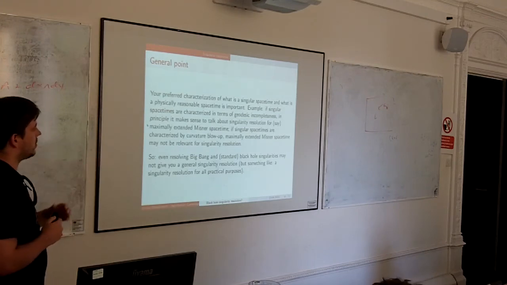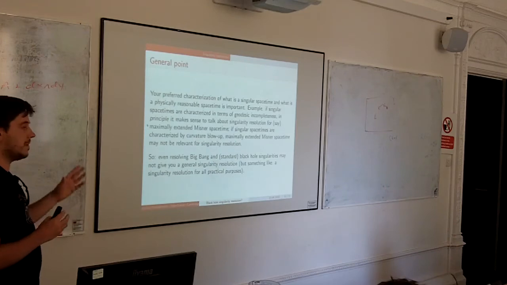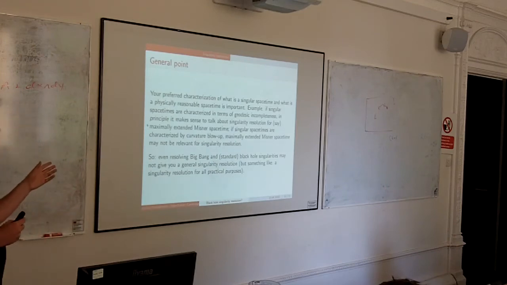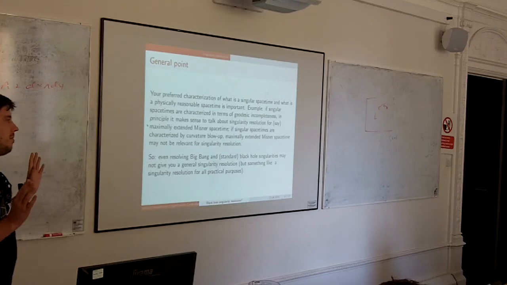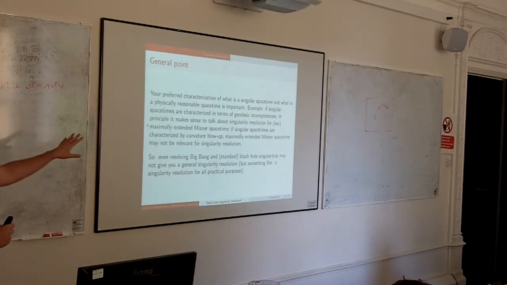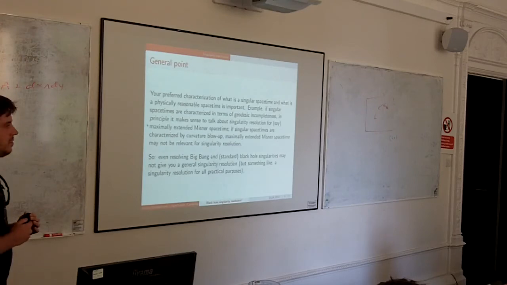In principle, it would make sense to talk about singularity resolution for something like maximally extended Misner spacetime. I will show you the spacetime on the next slide. But if singular spacetimes are characterized by curvature blowup, maximally extended Misner spacetime, even though it is super weird and it is time-like and null geodesically incomplete, would not even be relevant to the issue of singularity resolution.